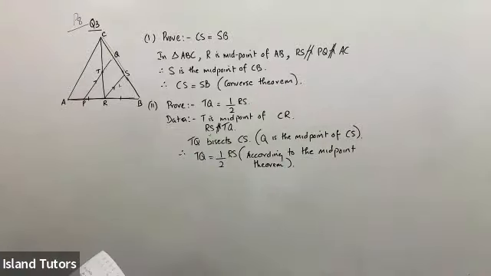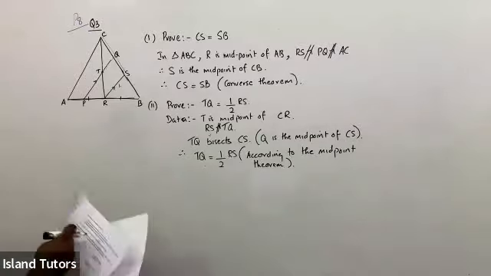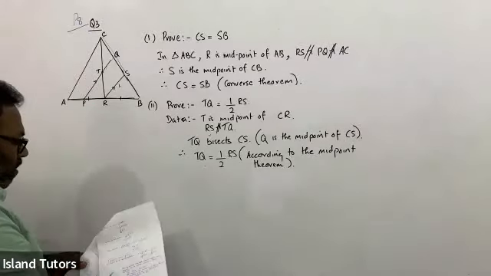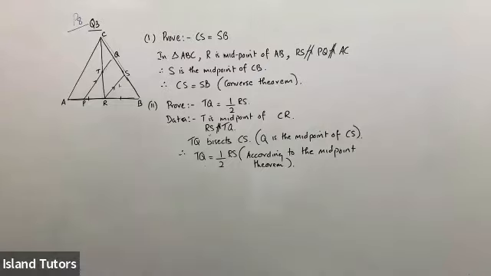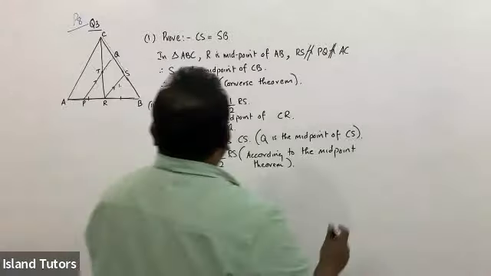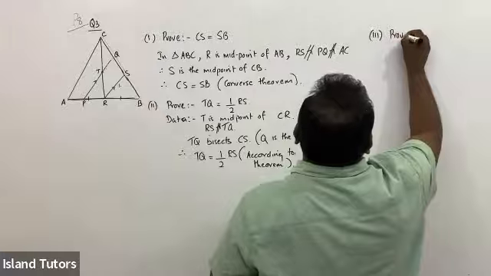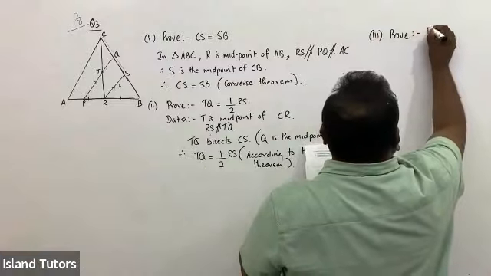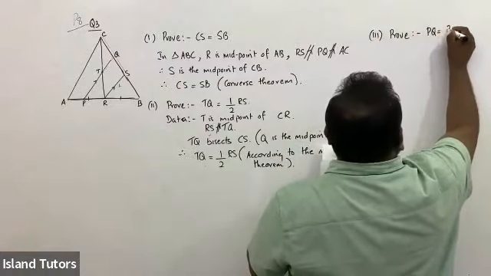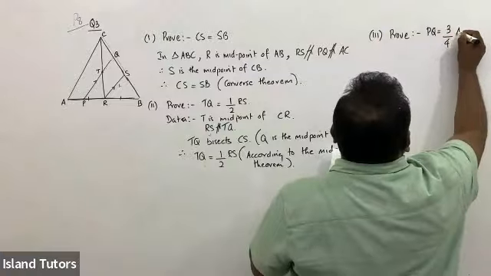Okay. All right. Third question. Prove PQ is equal to 3/4 of AC. So we'll do that here. Third question. Prove PQ is equal to 3/4 of AC.